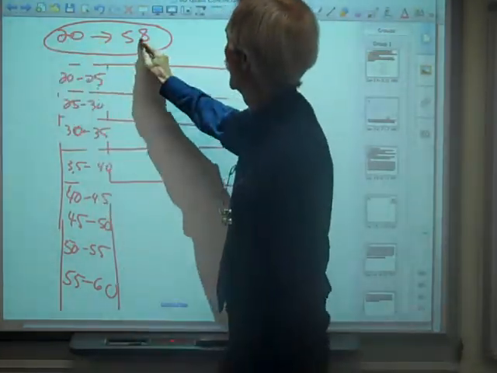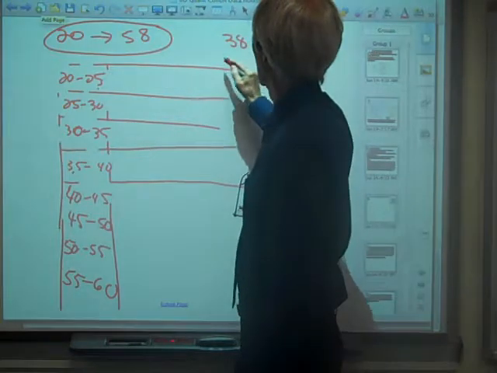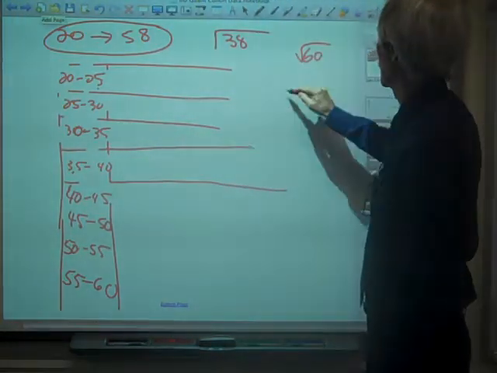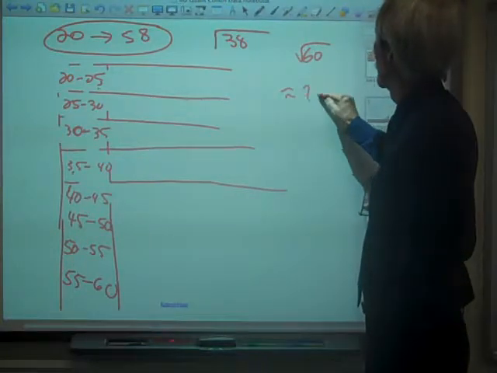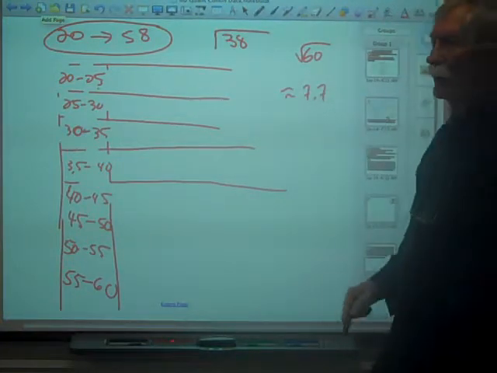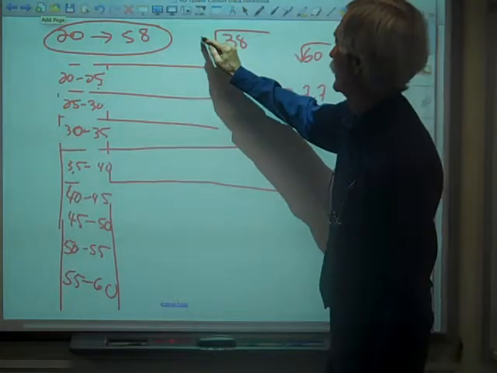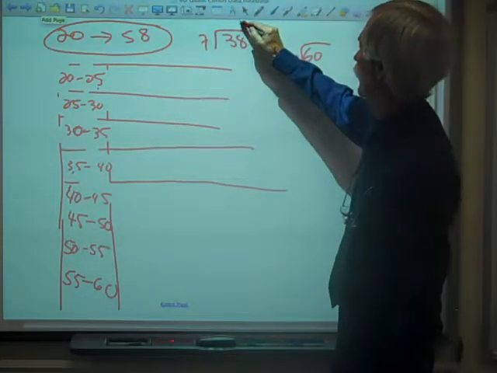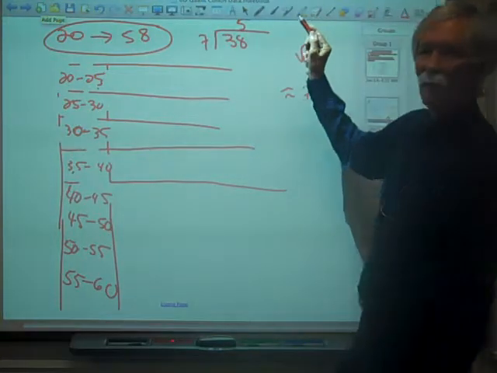How far is it from 20 out to 58? 38. And how many little bars did we say we needed? The square root of 60 is approximately 7 or 8. So divide this by 7, what do you get? About 5.